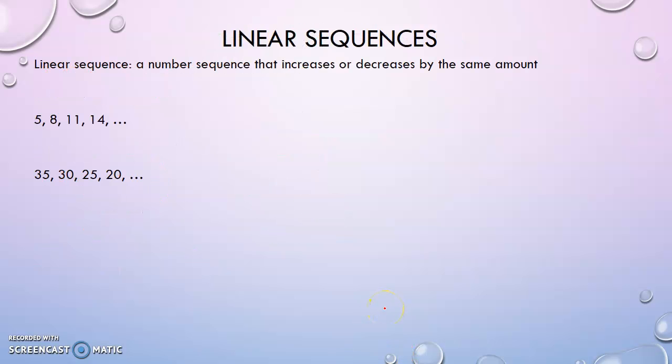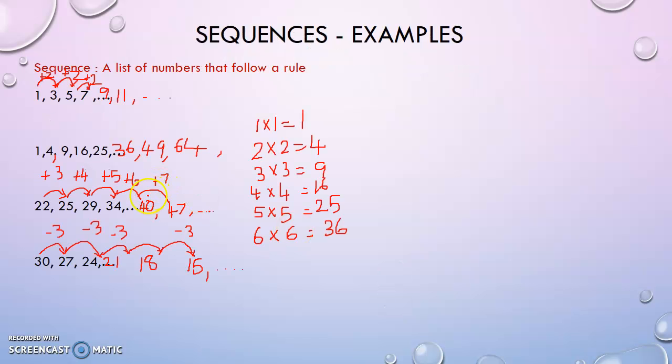Now there is something called a linear sequence. We know a sequence is a list of numbers. A linear sequence is a number sequence that increases or decreases by the same amount. If we get the next number by adding or subtracting the same number, then such sequences are called linear sequences.